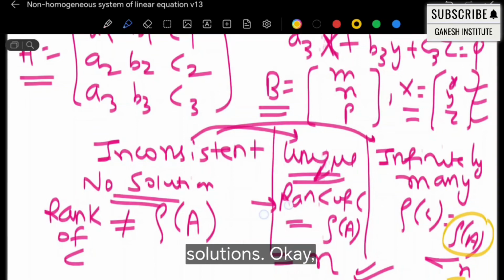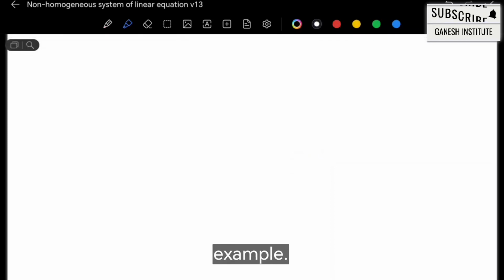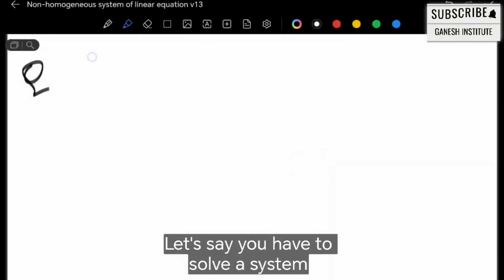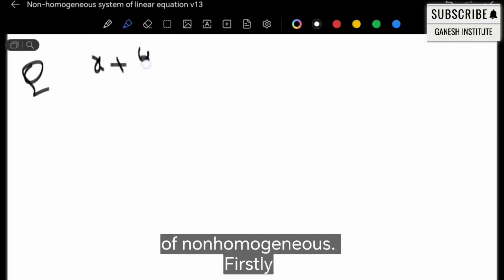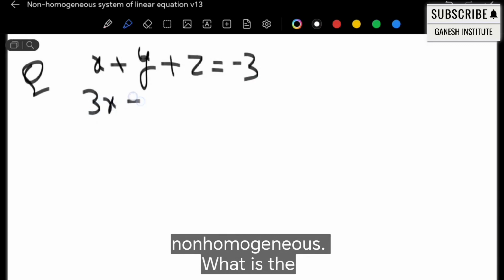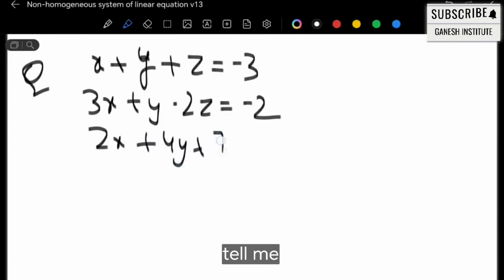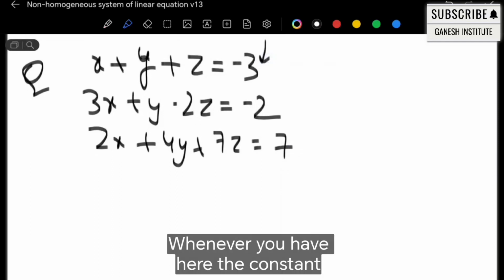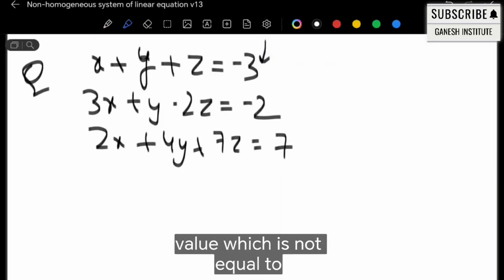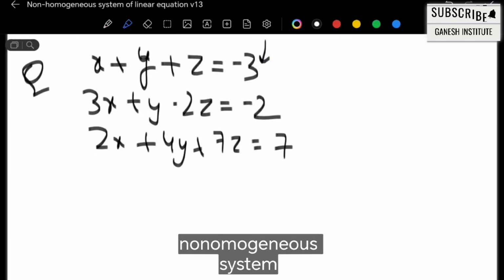Okay, let's try this out using an example. Let's say you have to solve a system of non-homogeneous equations. Firstly, tell me whether it is a homogeneous or non-homogeneous system. Whenever the constant value is not equal to 0, this is a non-homogeneous system.